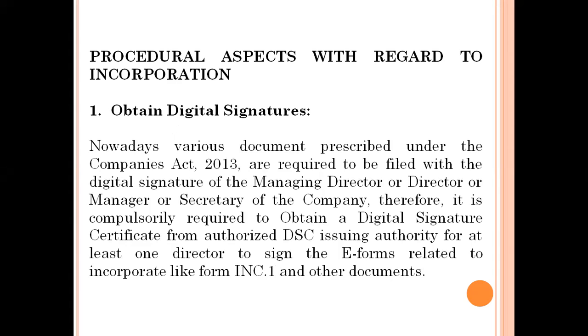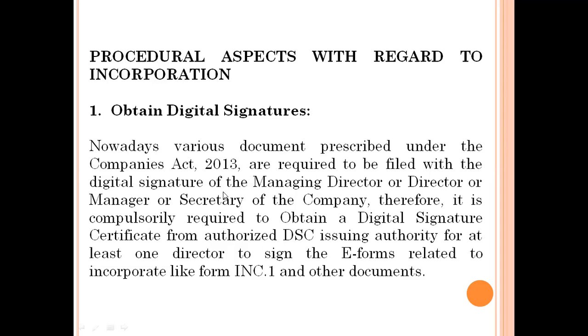Therefore, it is compulsory to obtain a digital signature certificate from an authorized digital signature certificate issuing authority for at least one director to sign the e-forms, electronic forms, related to incorporation, like the incorporation Form 1 and other documents.